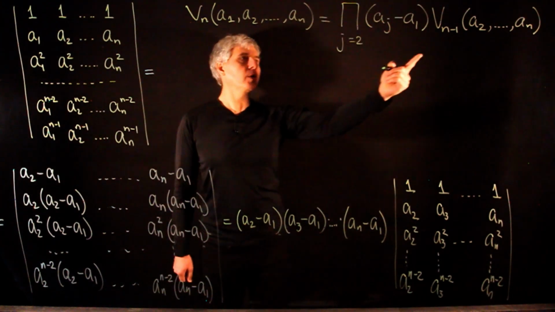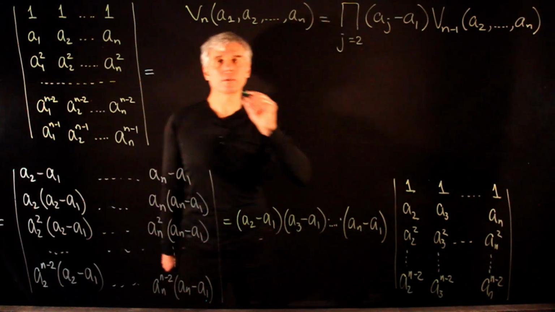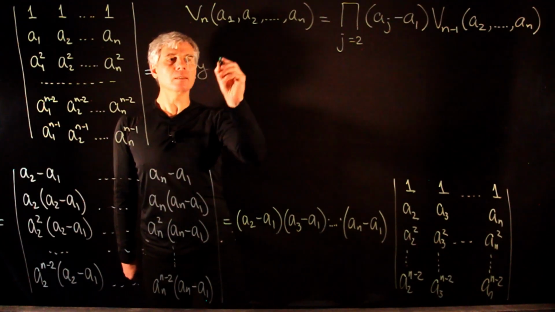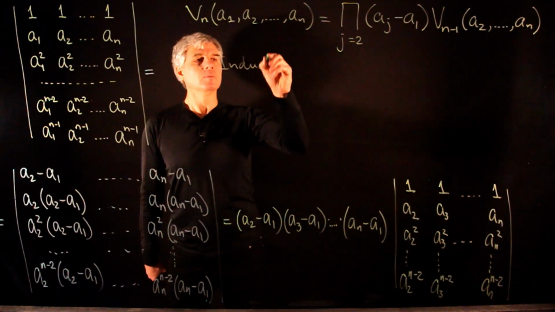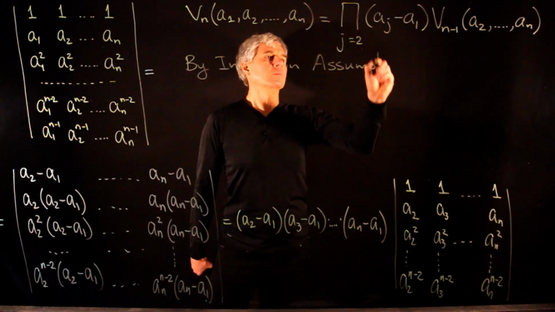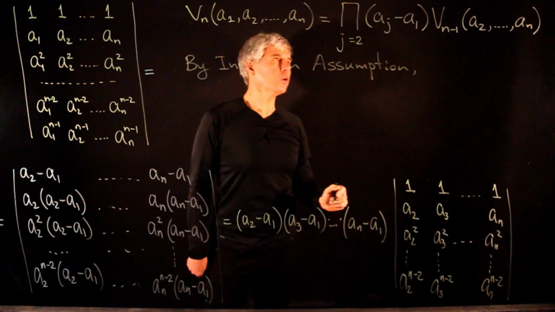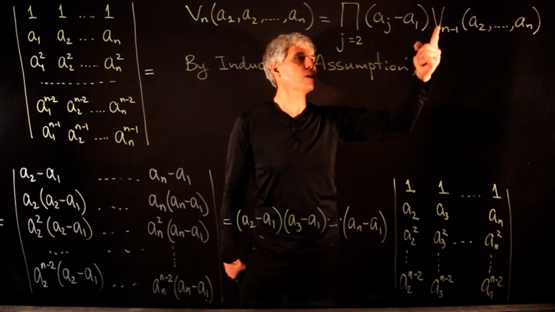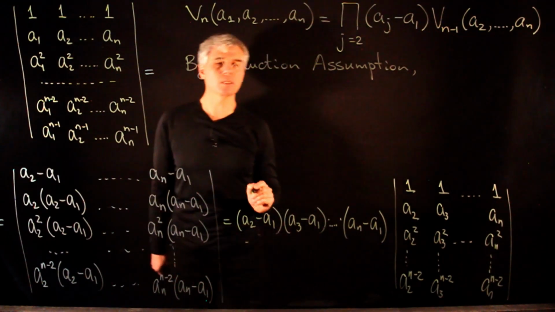But here we can apply our induction assumption. So by the induction assumption, we have a formula for the Vandermonde determinant of size n minus 1.